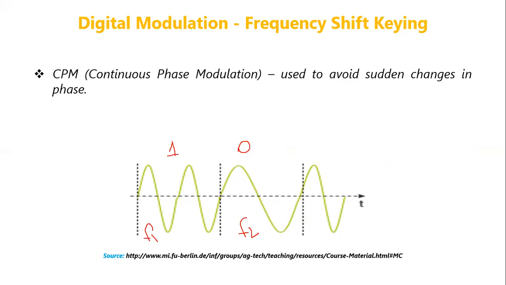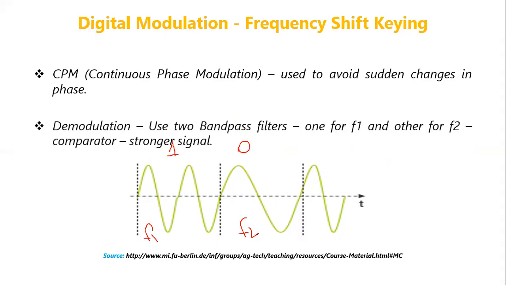In frequency shift keying, at the receiver end, the receiver will use two band pass filters. One is for f1, another one is for f2. A band pass filter is something which allows signals with frequency within a certain range.